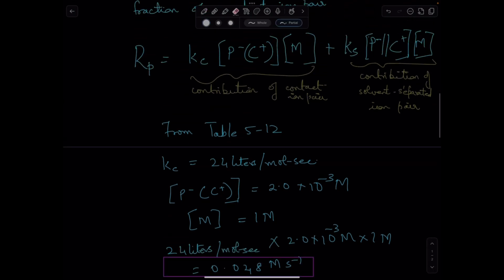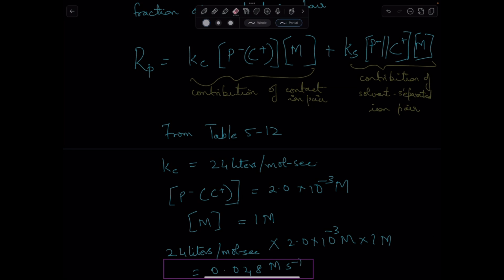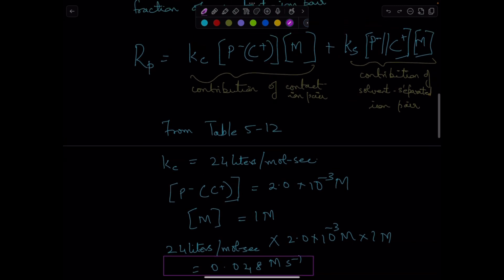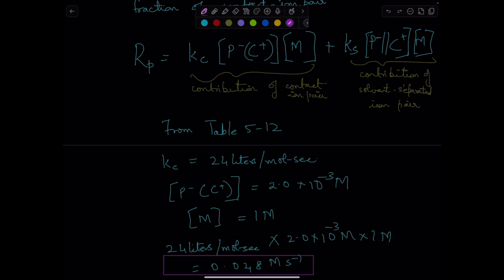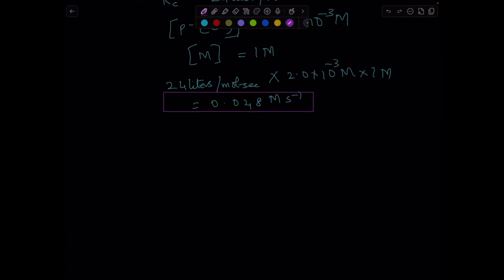Let's see the contribution from the solvent-separated ion pair. So that is Ks times the concentration of the solvent-separated ion pair times monomer concentration. So Ks from the table 5-12 is 5.5 times 10 to the 4 liters per mole second.